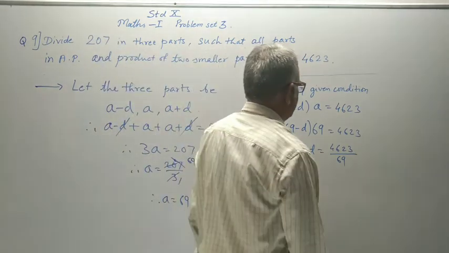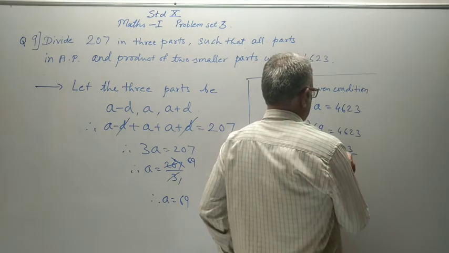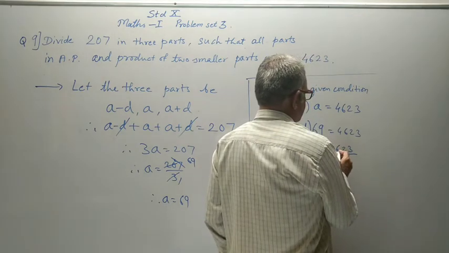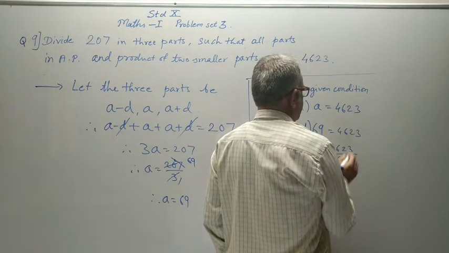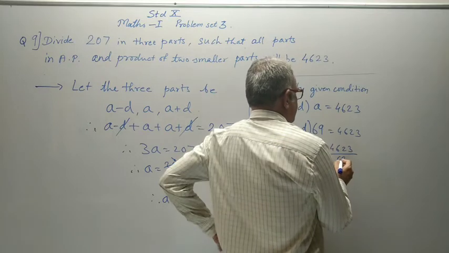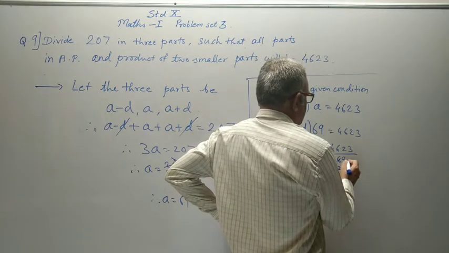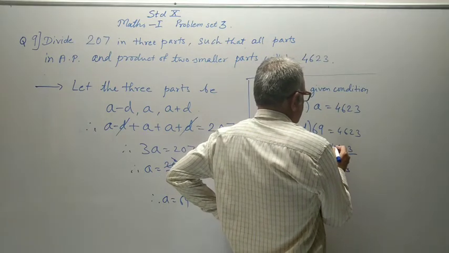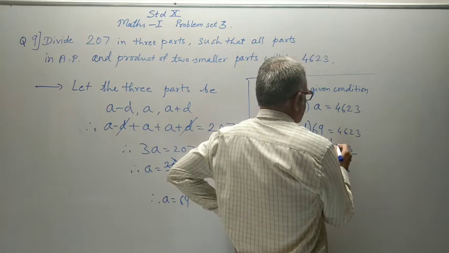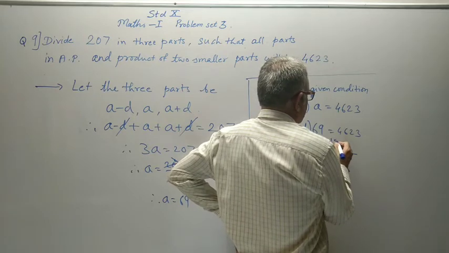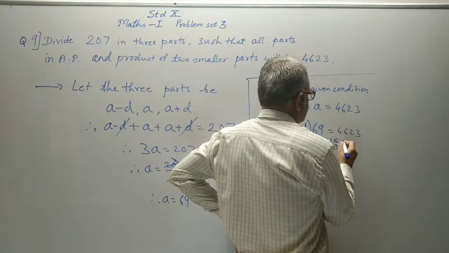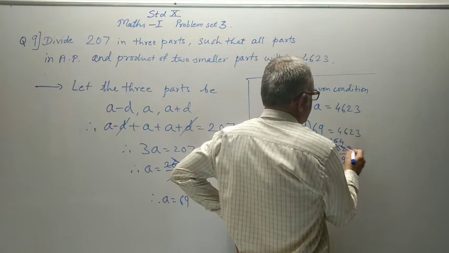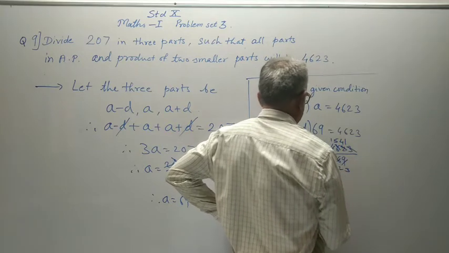Cancel first by 3. Check it. 4 and 6, 10 and 2, 12 and 3, 15 divisible by 3. 6 and 9, 15 divisible by 3. 3 2s are 6, 3 3s are 9, 3 1s are 3, 1 remain. 3 5s are 15, 1 remain. 3 4s are 12, nothing remain. 3 1s are 3.